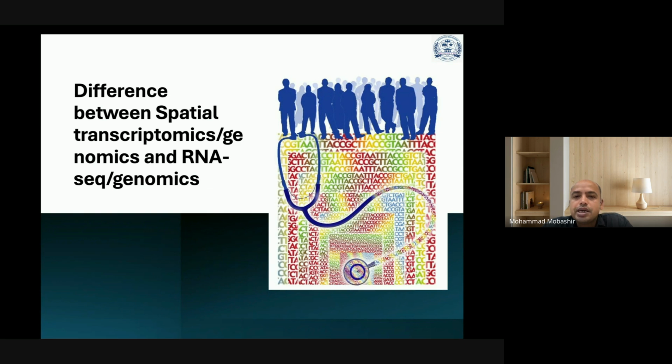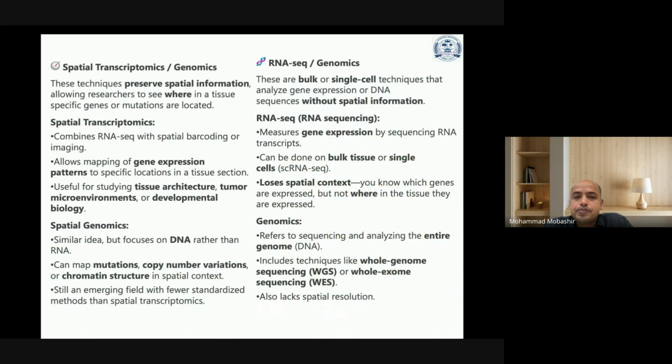But we are just saying overall gene expression is this or overall mutation is this. So this is what we are going to learn as a comparative study. For example, first, a table to represent the difference between these two kinds of techniques.